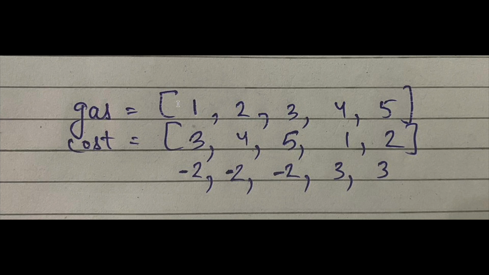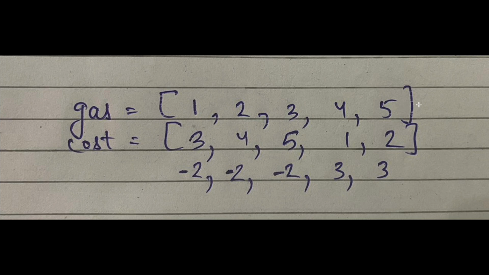We will start iterating our loop, and whenever the value is positive, like this 3 coming, we will just continue our iteration. Here 3 plus 3 will become 6, so when we reach here, we will have 6 liters of gas. But if it drops below 0 at any point, then we set our current value to 0 and continue the process.